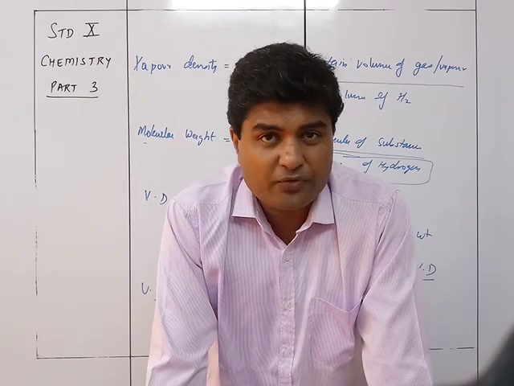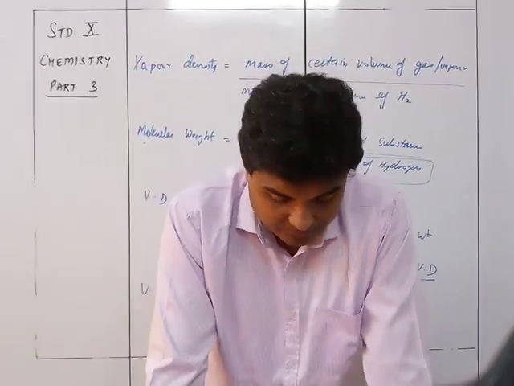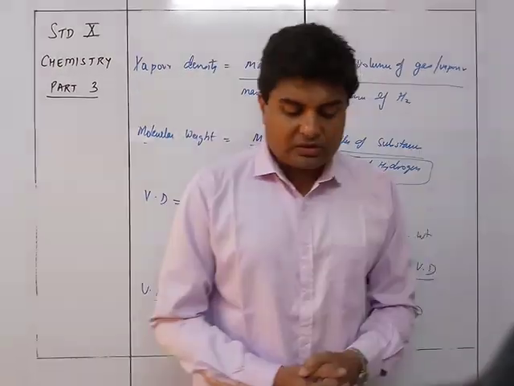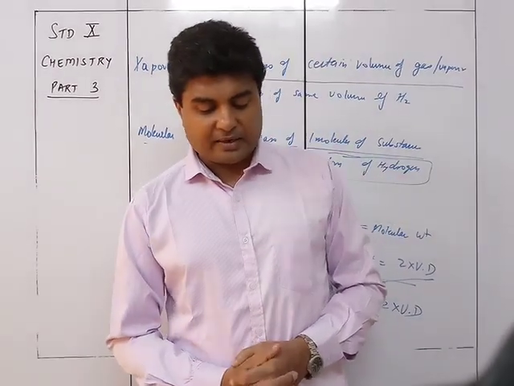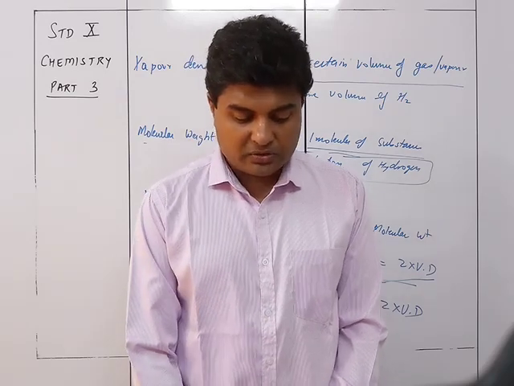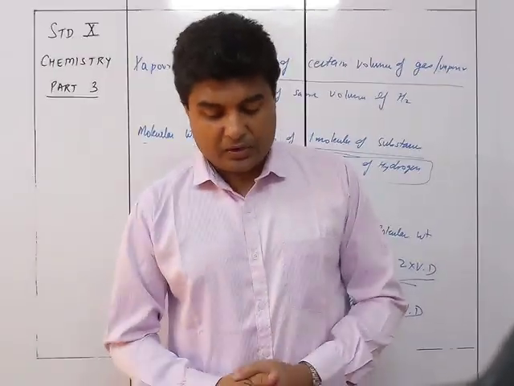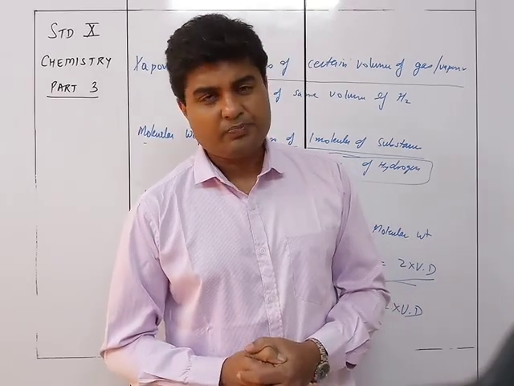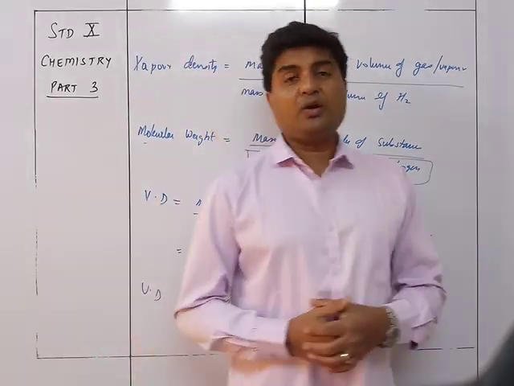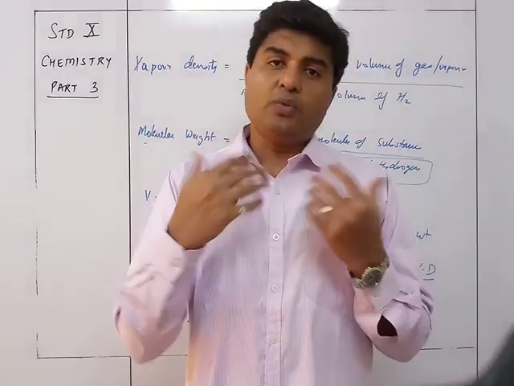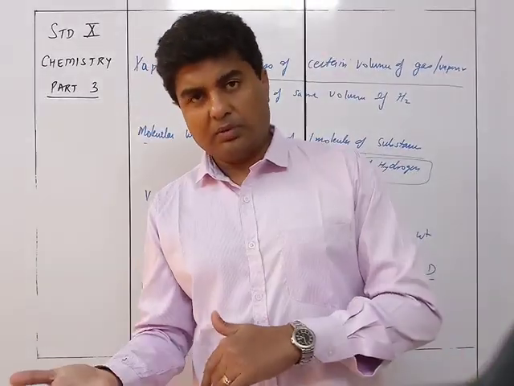So that is 22.4 liters, what we talked about a few minutes back. So according to Avogadro's law, equal volumes of all gases under the same conditions of temperature and pressure contain the same number of molecules. Therefore, an equal number of molecules of different gases under the same conditions of temperature and pressure will occupy the same volumes. Right? Obviously, because equal volumes of gases have equal numbers of particles, then automatically equal numbers of particles will have the same volume.